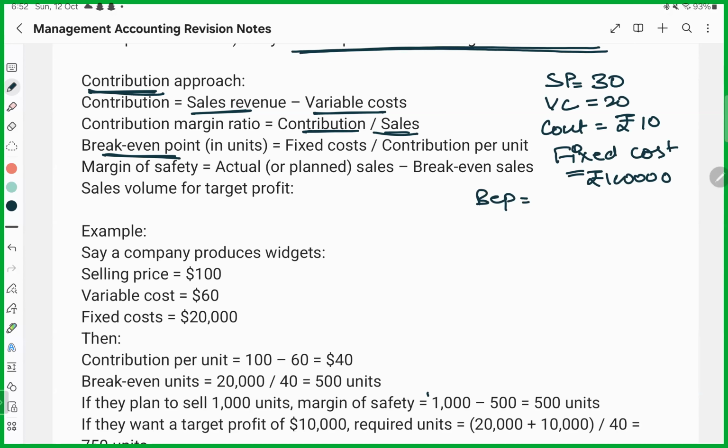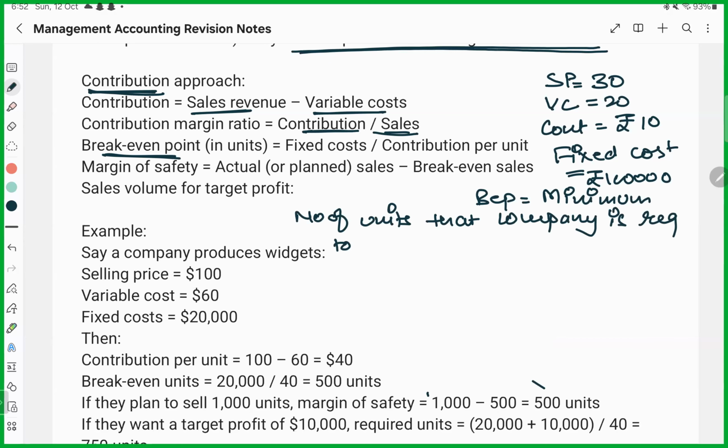Break even point means the minimum number of units that the company is required to manufacture, or to purchase, or required to sell to achieve at least zero profit.